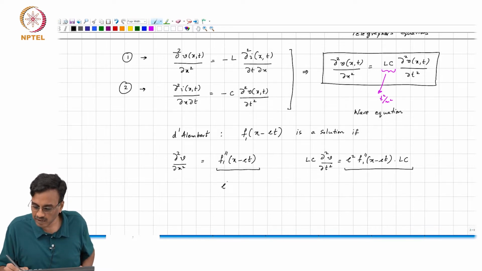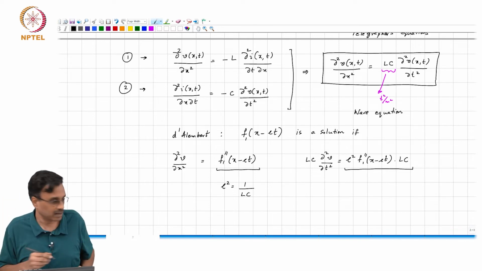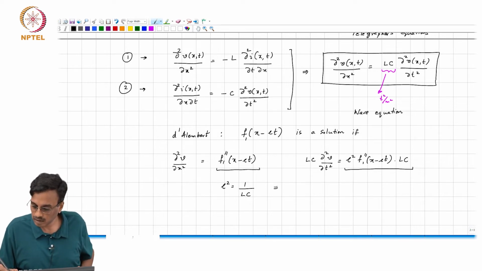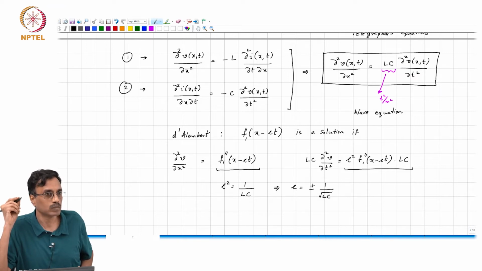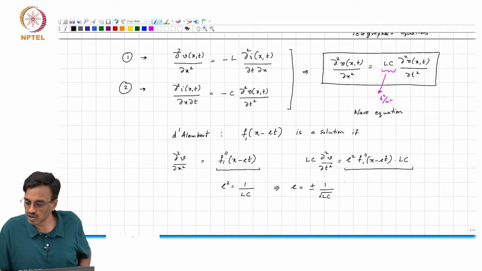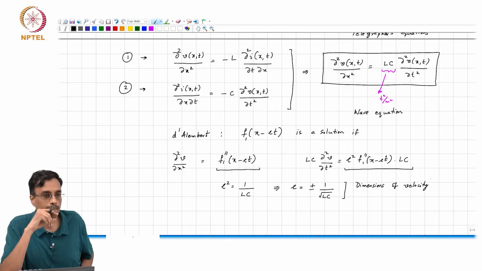Well, that is true if c square is equal to 1 over LC, so c equals plus minus 1 over square root LC, and this has dimensions of velocity. That makes sense.